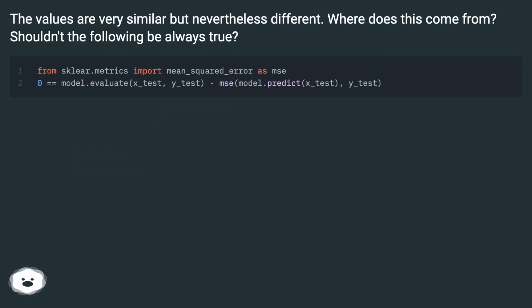The values are very similar but nevertheless different. Where does this come from? Shouldn't the following be always true?